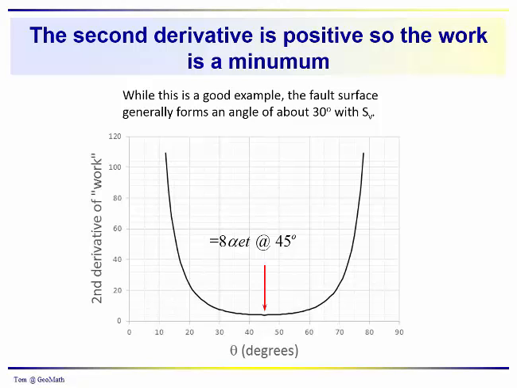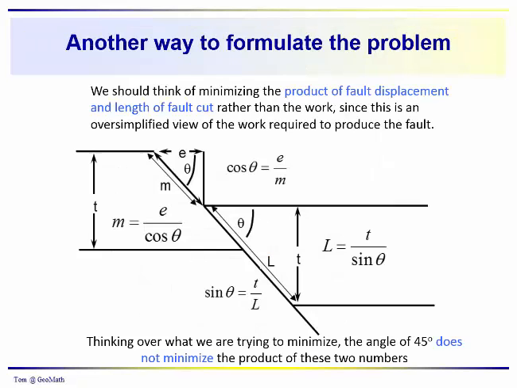Think about, have we really minimized the product of the displacement and the fault cut? And then we'll come back to this next time. And again, think about what we're trying to do, and think about another way to formulate this problem.